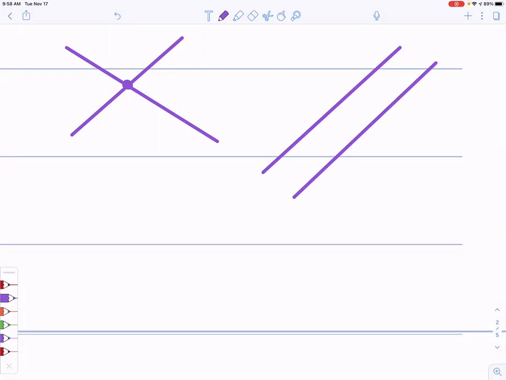And in this case, where are my solutions? There aren't any, right? Because a solution is where 2 graphs cross each other. These guys never cross each other, okay? So we would say here, there's one solution, but here, there's no solutions, okay? And the reason there's no solution is that the lines are parallel.